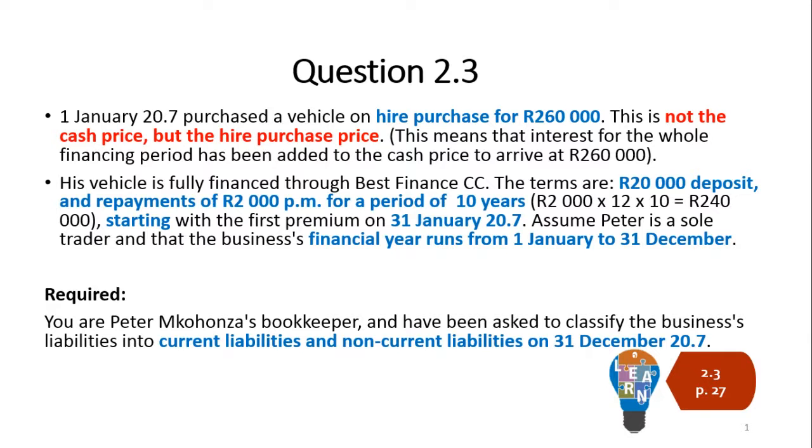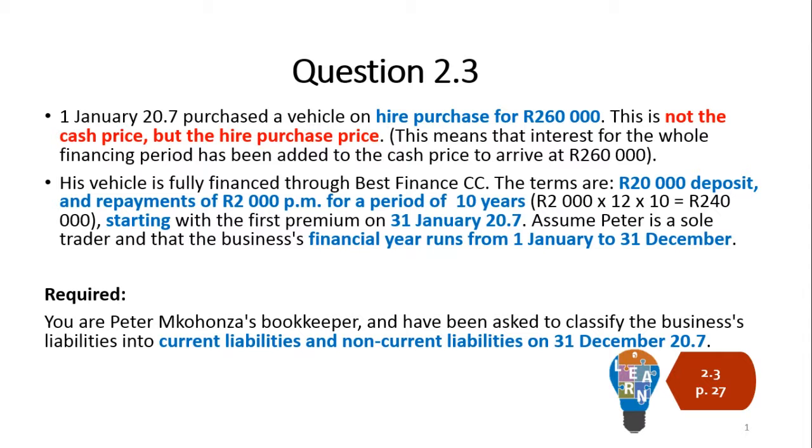Now, to repay this loan or finance that you've obtained for the car, they say 20,000 is a deposit. The deposit is always paid at the beginning of your lease contract. Your lease contract starts on the 1st of January 2007, and your financial year runs from 1 Jan to 31st of December.